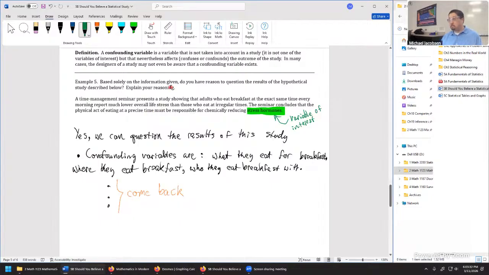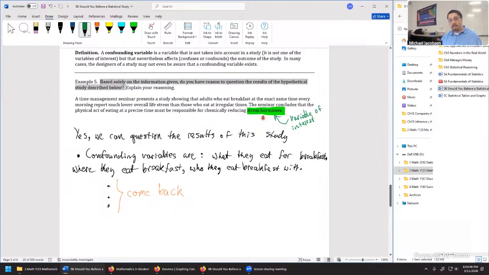So we mentioned when we were looking into this, the overall question is, do we have any reason to question the study? And we said yes, for a lot of reasons. There's potentially many confounding variables. The variables listed in the chat was what the people in the study ate for breakfast could certainly introduce or take away stress hormones.